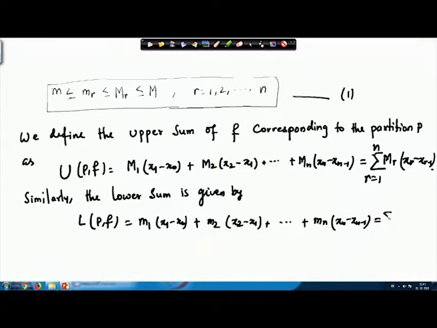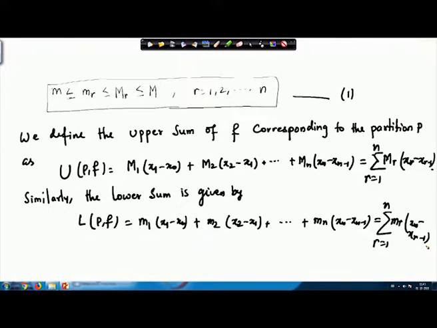We can use the summation concept, and then it can be written as the sum, r running from 1 to n, of small mr times (xr minus x(r-1)). So these two are basically called the upper sum and the lower sum.